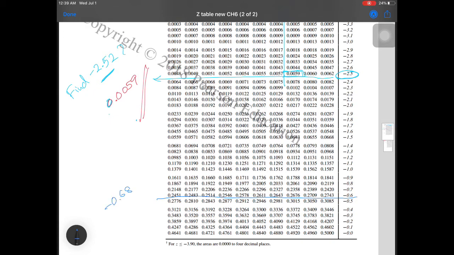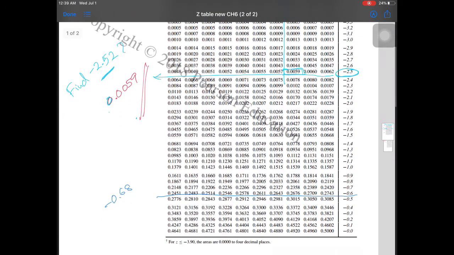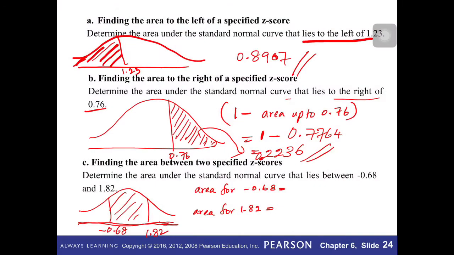So where is 8? For 8 you have to find this one. Okay, second column, which means this column. 8 means this column, so value is this one, 0.2483.